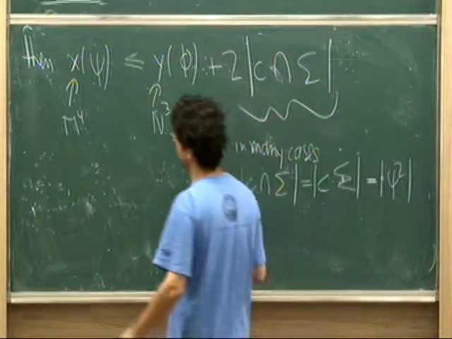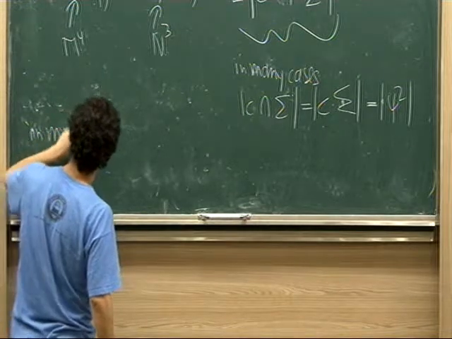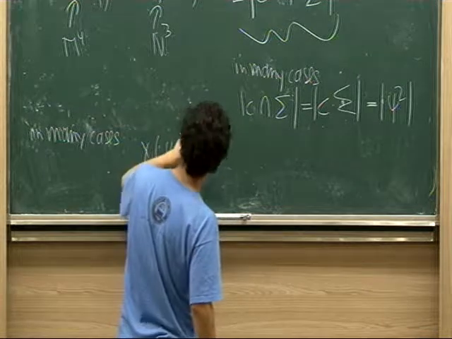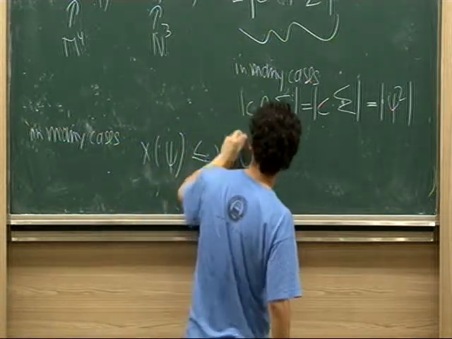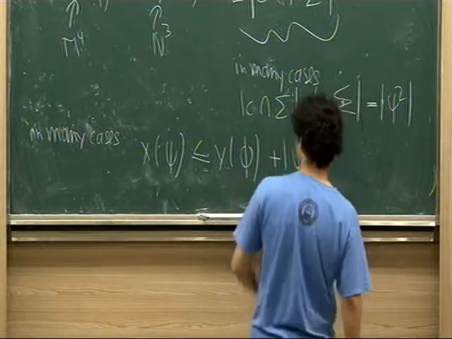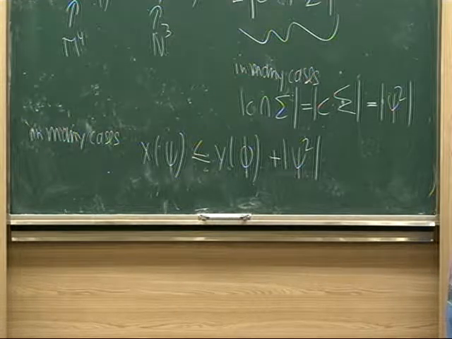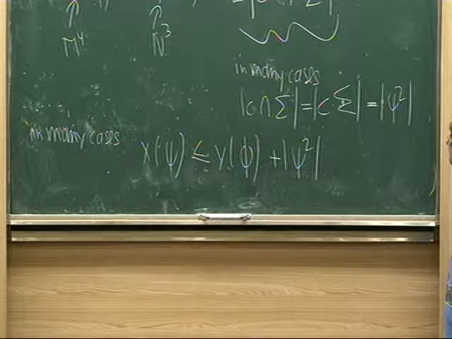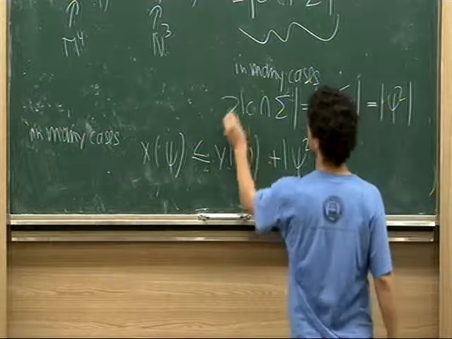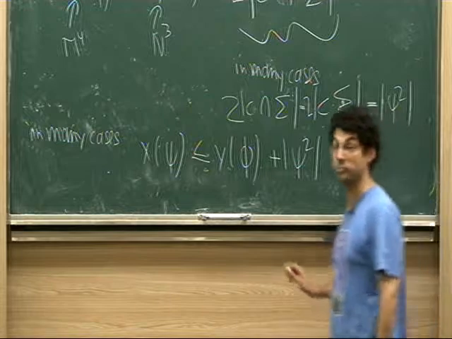So in many cases, you get that x of C is less or equal than y of the corresponding phi in the 3-manifold plus the self-intersection of C. I guess the 2 got lost somewhere.